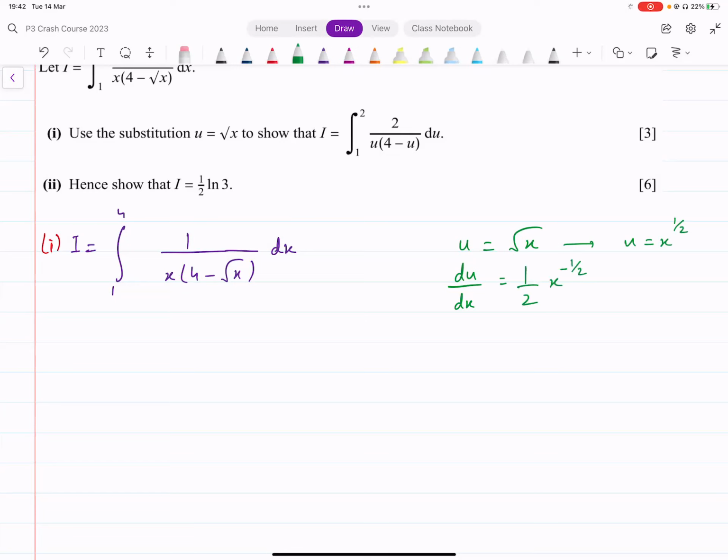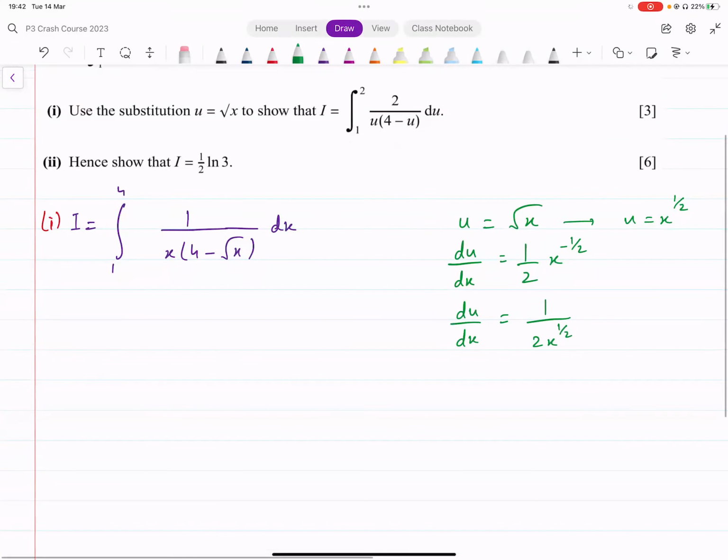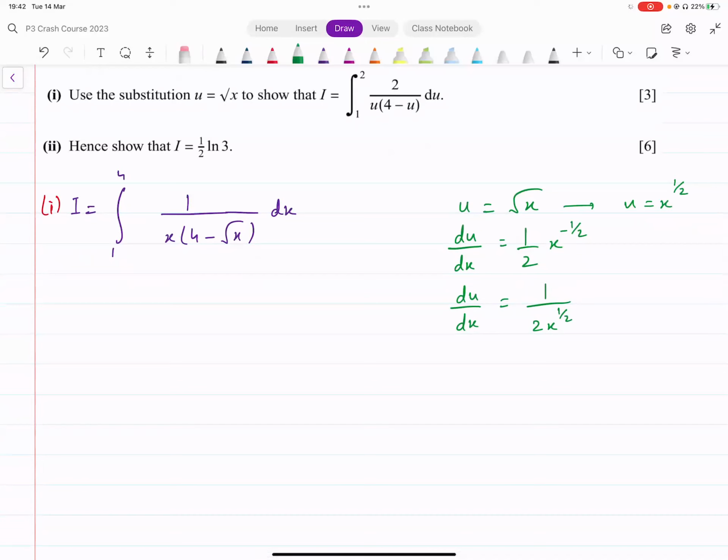Now let's write it like this. It becomes du over dx equal to 1 over 2x power 1 over 2. And then make dx the subject. So I'm taking dx to this side and bringing the 2x power 1 over 2 here. That is going to become 2x power 1 over 2 into du.